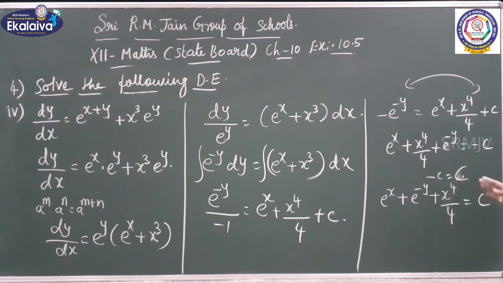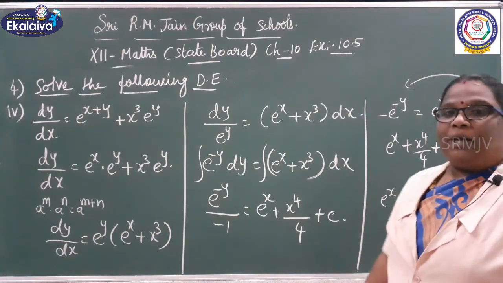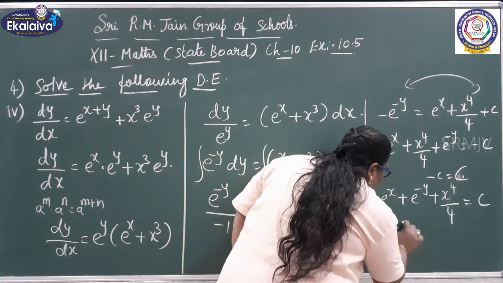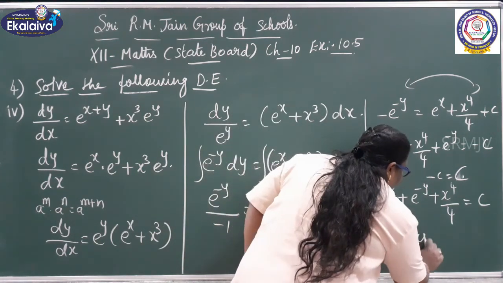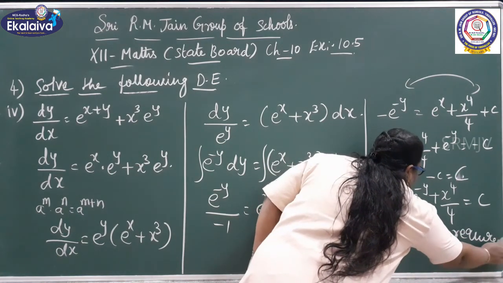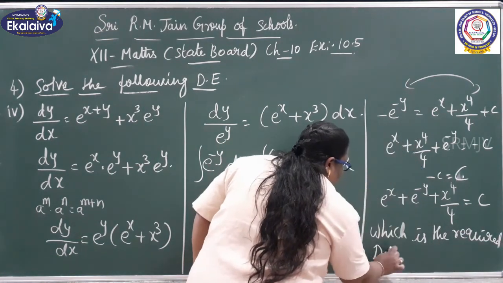So I can write it in the form of c, e power x plus e power minus y plus x power 4 by 4 equal to c, which is the required differential equation.